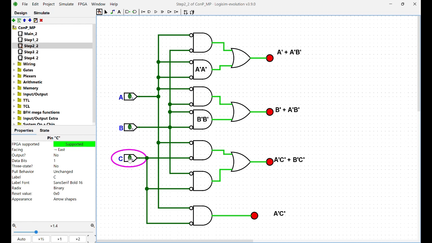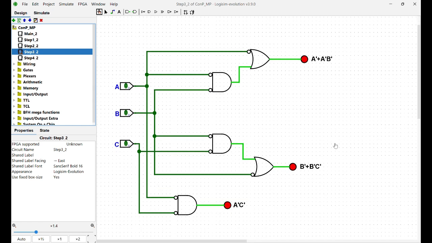Let's do like a binary code. So we have 1, and then 2, 3, 4, 5, 6, and 7. Do you notice something with C? It's been happening this whole time.